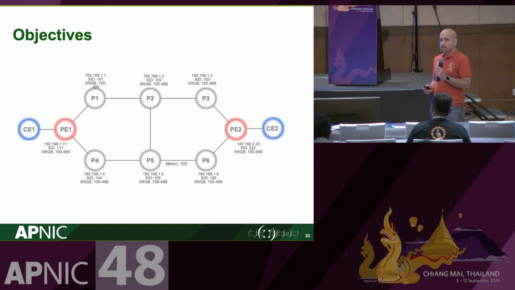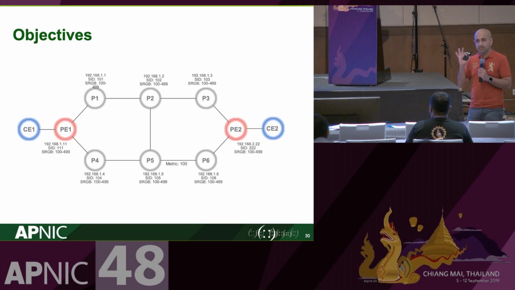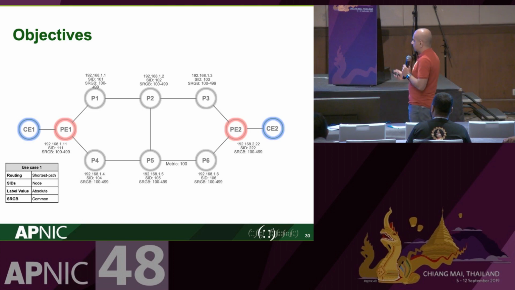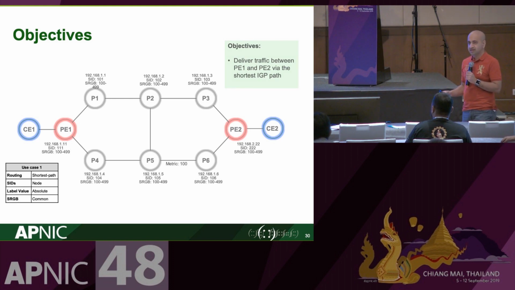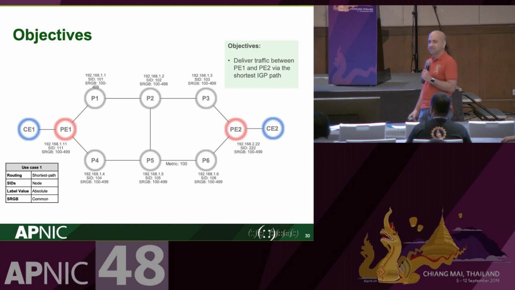Now we look at what happens from a control plane perspective. Okay, that's the use case. The objective here that we have is to deliver traffic between PE1 and PE2, right? In fact, at the end of the day, that's all we do. When we build networks, we deliver traffic from point A to point B. We just find new ways of doing it.